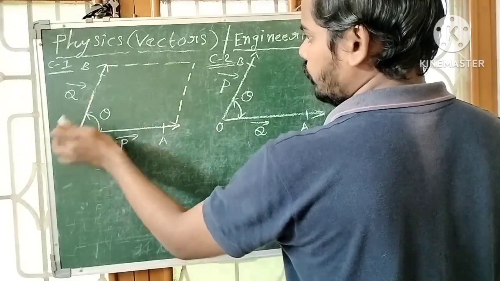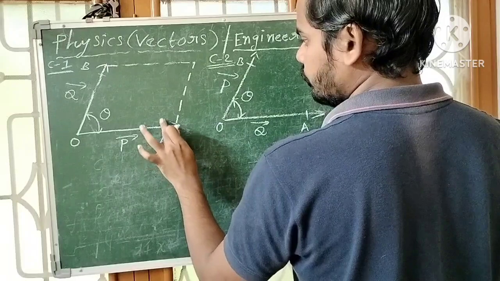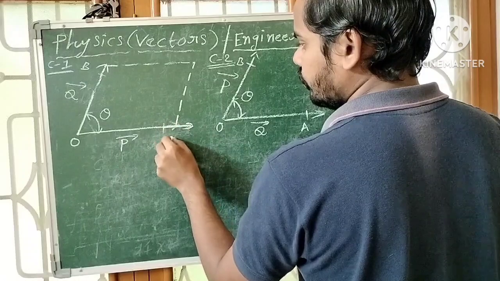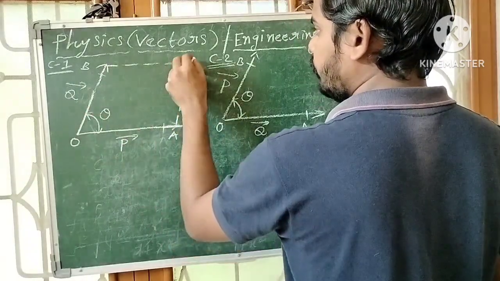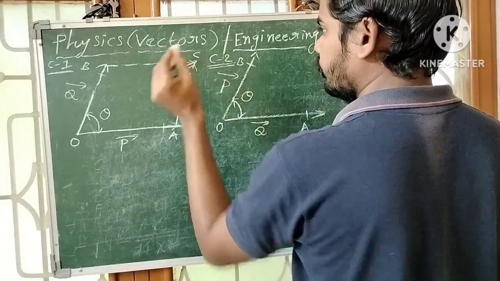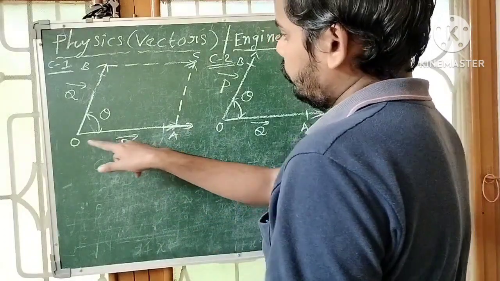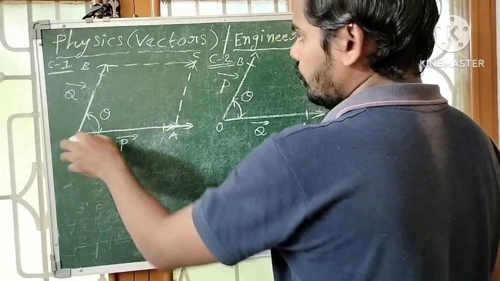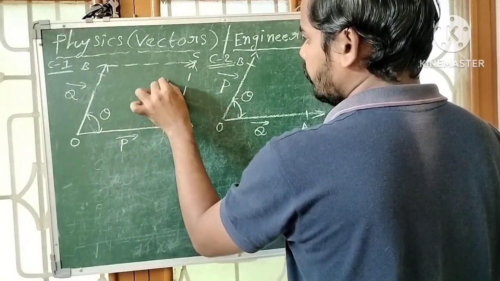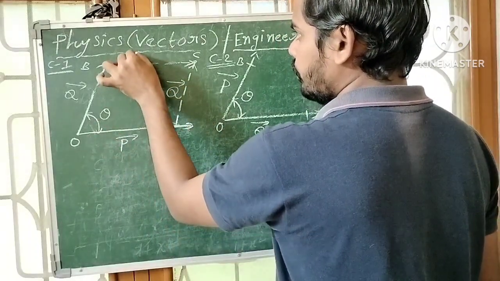So these two are OB, suppose O, OA, OB, suppose this intersection point C. Here OBCA is a parallelogram, OB parallel to AC, so obviously this will be Q bar, and OA parallel to BC and equal. This is P bar.